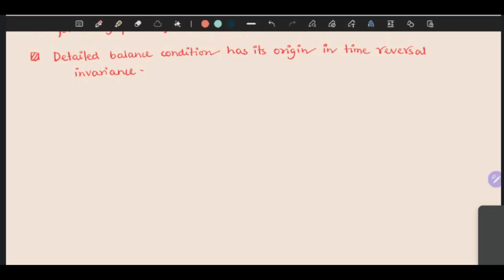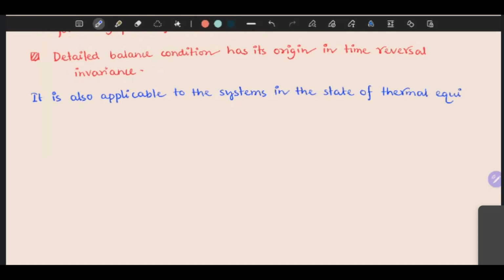It is also applicable to systems in the state of thermal equilibrium under normal circumstances.